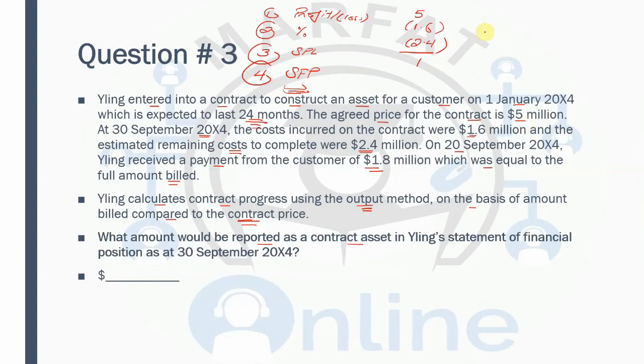So output method is work certified to date divided by the contract price. So that means 1.8 divided by the contract price, which is 5. So 1.8 divided by 5, it gives you 36%.